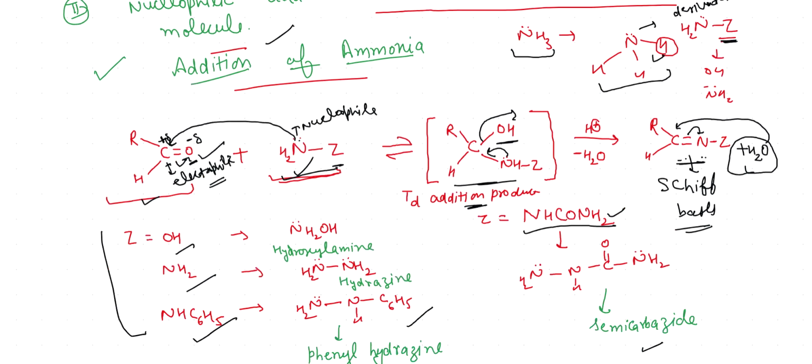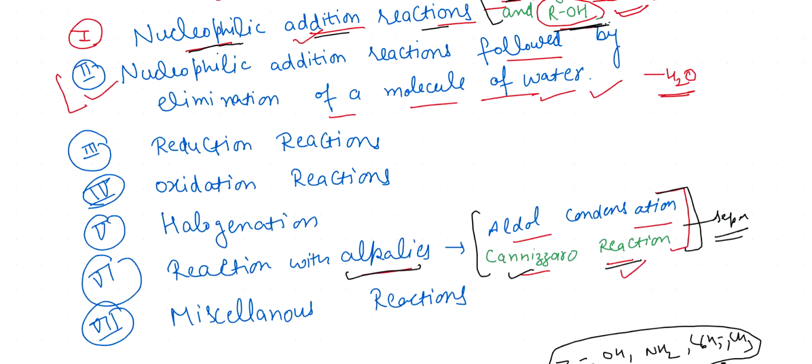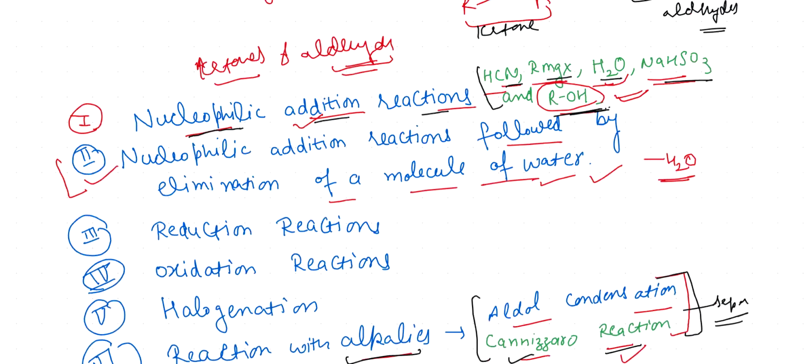These reactions are reversible, so we need to remove the water simultaneously whenever there is formation of a Schiff base. So this was all about the nucleophilic addition reaction followed by elimination of a molecule of water. Clear? In the next topic, we will do reduction reactions, oxidation reactions, and halogenation of aldehydes and ketones.